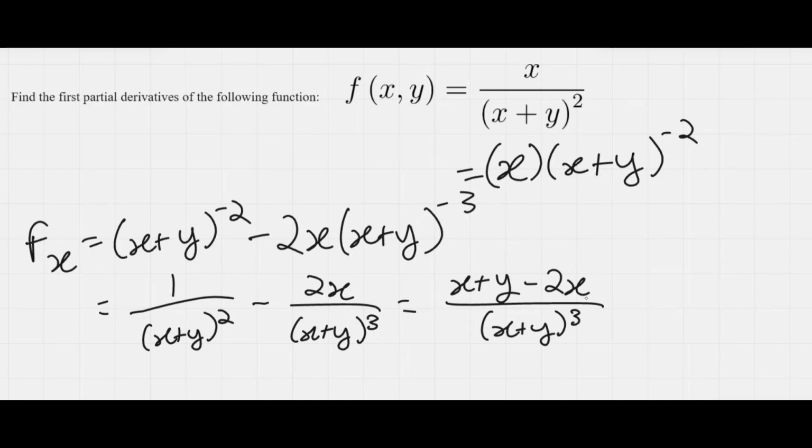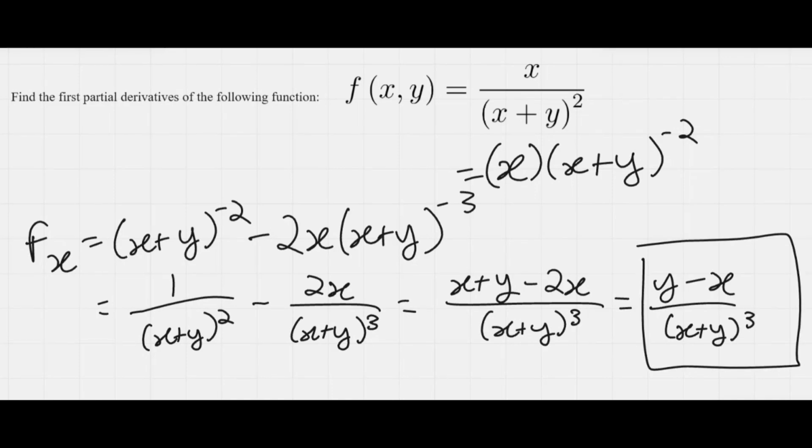And then we can simplify even further by subtracting 2x from x, and so we can say definitively that the partial derivative of f with respect to x is going to be (y minus x) over (x plus y) cubed.